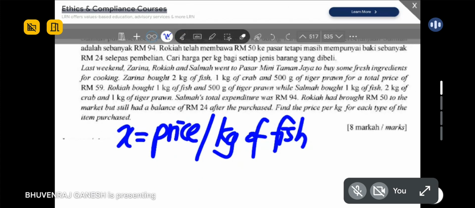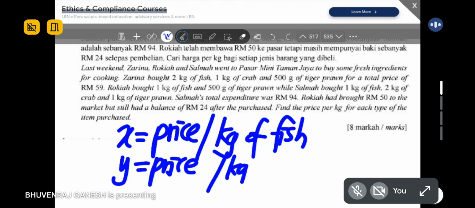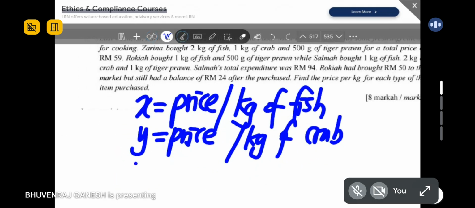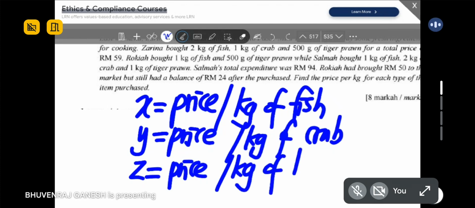Because question never tell you what is your X, what is your Y, what is your Z. Am I right? So you need to tell back to the examiner what represent your X, Y, and Z. Are you clear? Make sure you write down clearly. So Z equal to price of tiger prawn. Okay, so all of this over here. Okay, so first equation you already give.